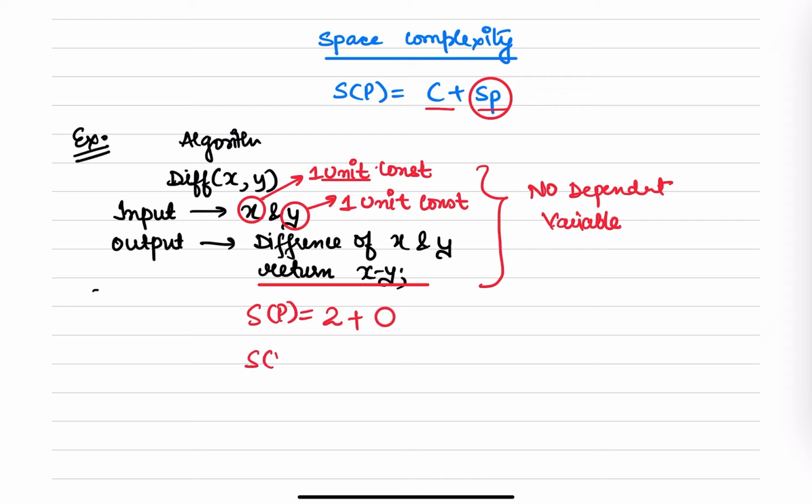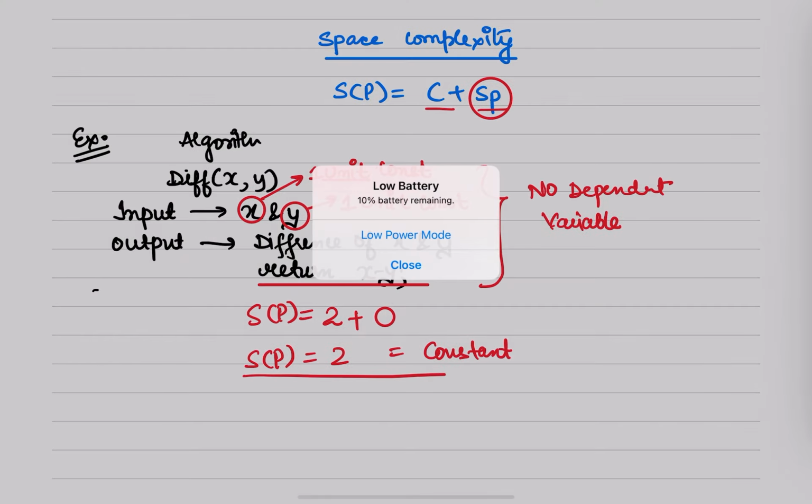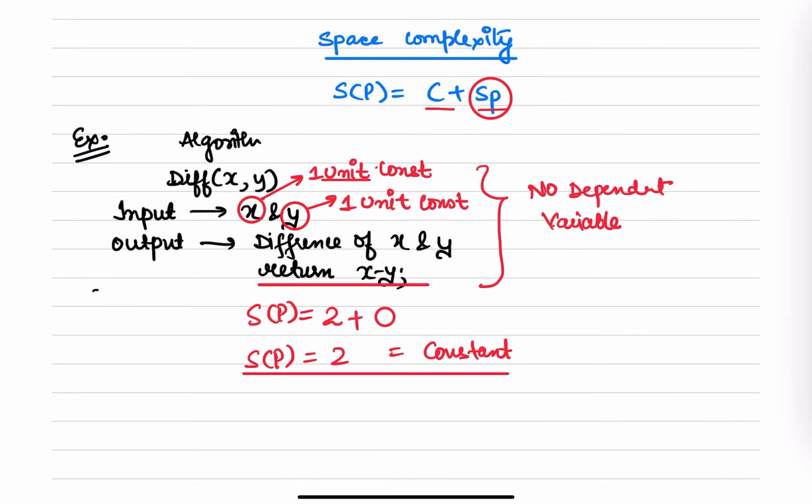Therefore S of P is 2, which is nothing but a constant. And we have seen that when S of P equals 2, we have big O of 1 as the space complexity. So this is the first example to start with, very basic, right? We'll go with some more complicated examples in our next video.